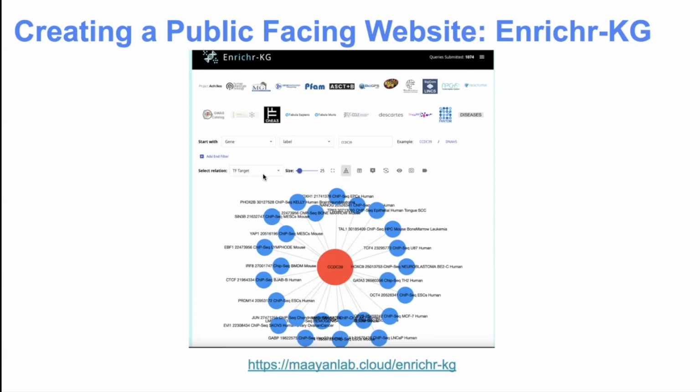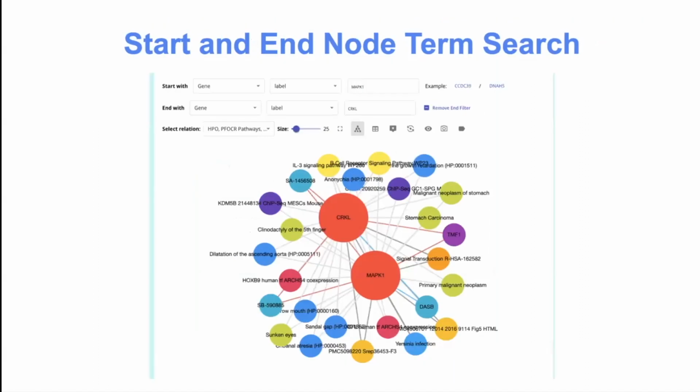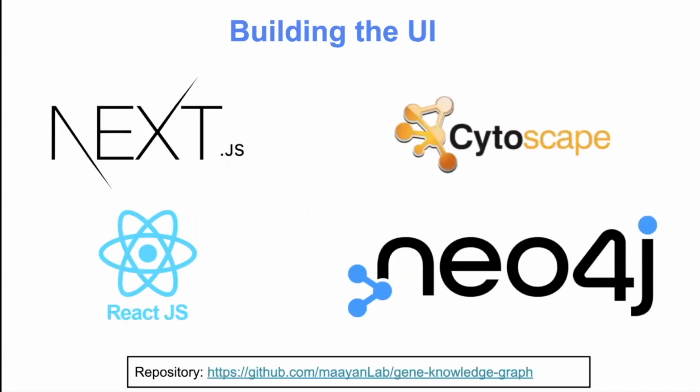Then you can also select relationships. Here's an example wherein we want to find paths between MAPK1 and CRKL, and then we can select relationships if you want. It's built on top of different resources, Next.js and Cytoscape.js.